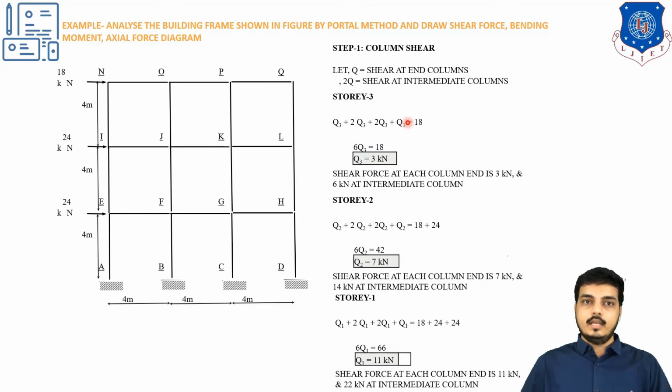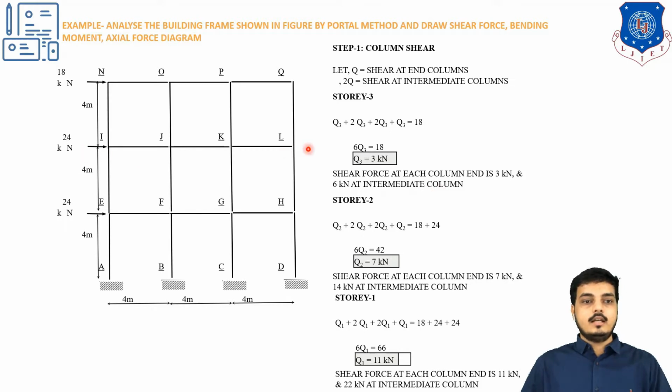So Q3 plus 2Q3 plus 2Q3 plus Q3 gives 6Q3 equals 18, so Q3 is 18 by 6, which is 3 kilonewton. So the shear force at each end column is 3 kilonewton, and for the intermediate columns, which is 2Q, it is 6 kilonewton.